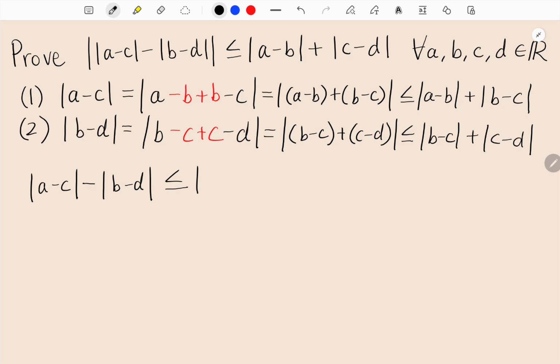These are just absolute value properties. And we see here that the b minus c will cancel out, and then we're just left with this.